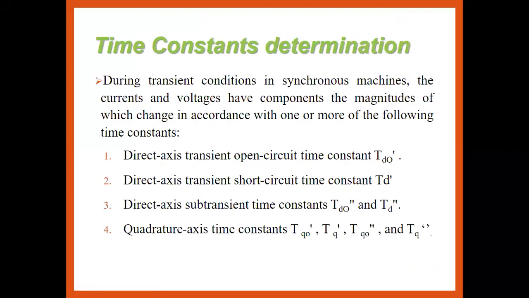The time constant during the transient conditions of the synchronous machine: the current and the voltage are generally components having magnitudes which change according to one or more time constants. Means what?